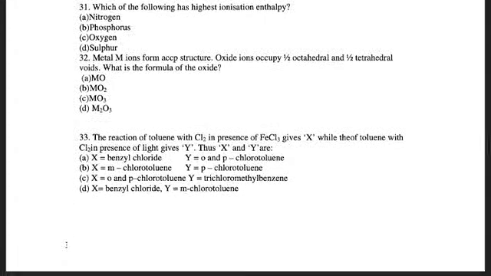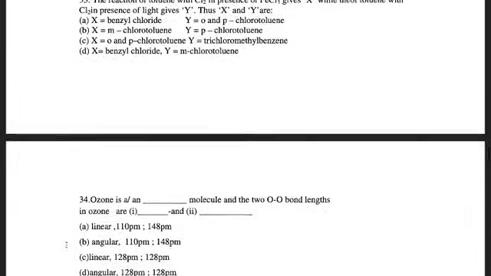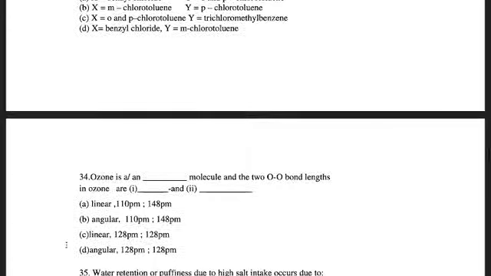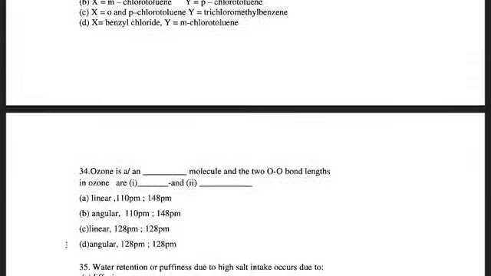Question number 34. Ozone is a dash molecule and the two O-O bond lengths in ozone are 1 and 2. Fill in the blanks. A. Linear, 110 pm, 148 pm. B. Angular, 110 pm, 148 pm.